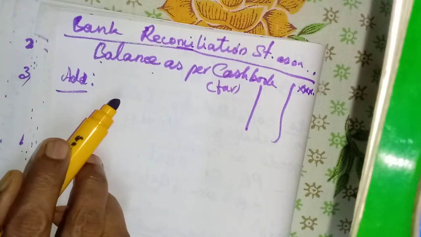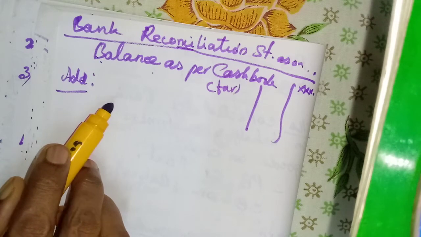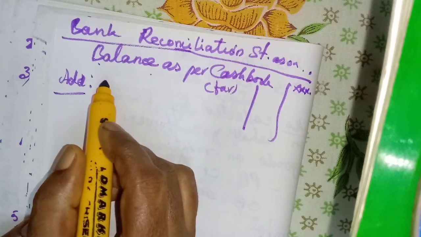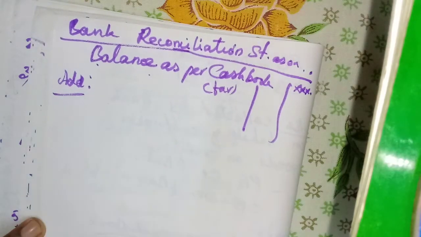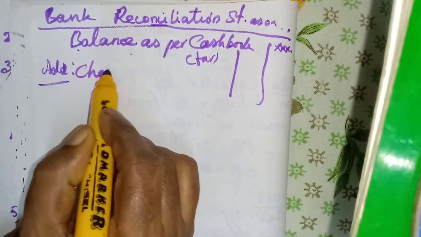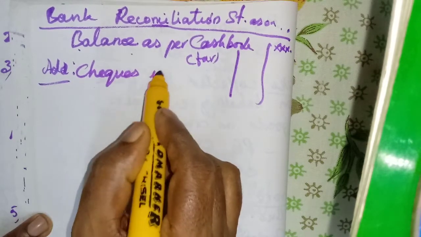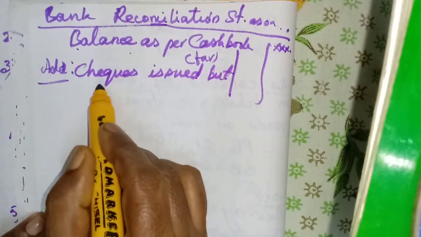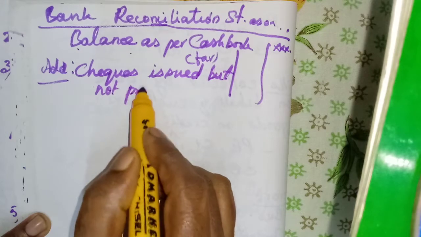Then what items do we have to add? You can study by heart, understanding it as well. Checks issued but not presented, I have told you already.